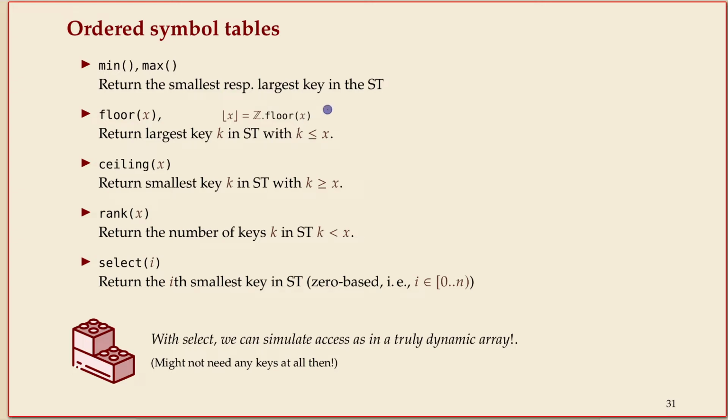You can ask for any real number, what is the floor? That is the biggest integer that's less than or equal to that number. That's the definition of floor. And ceiling is similar. And you can do this in general in an ordered symbol table.